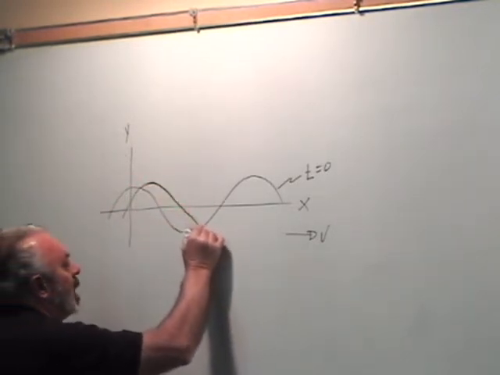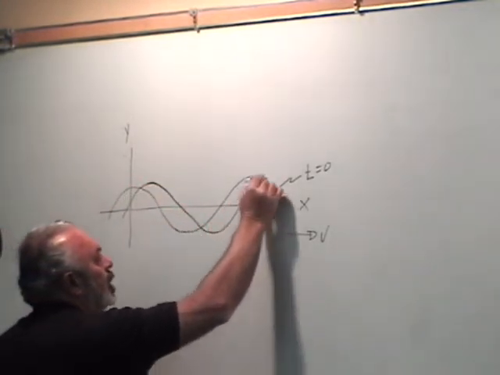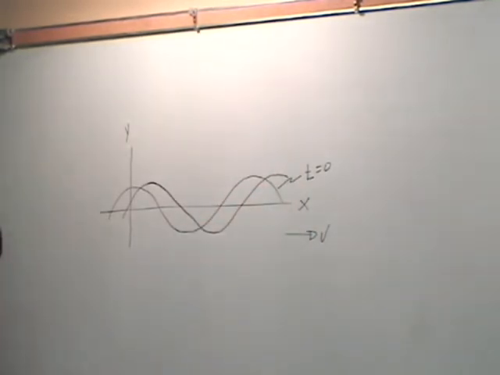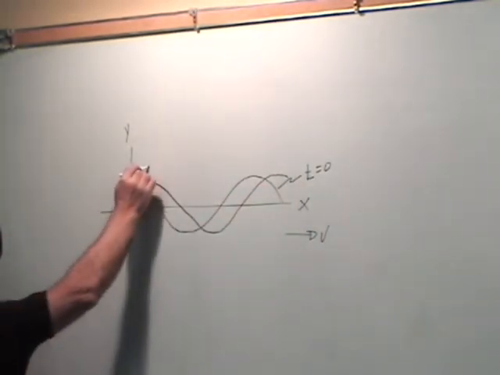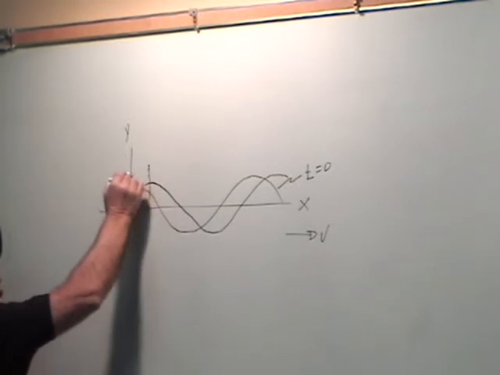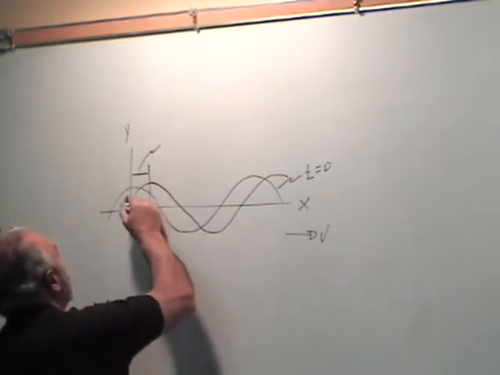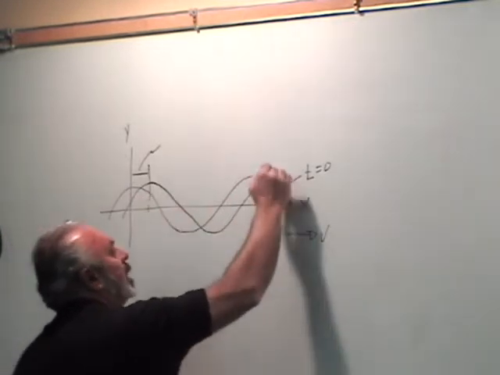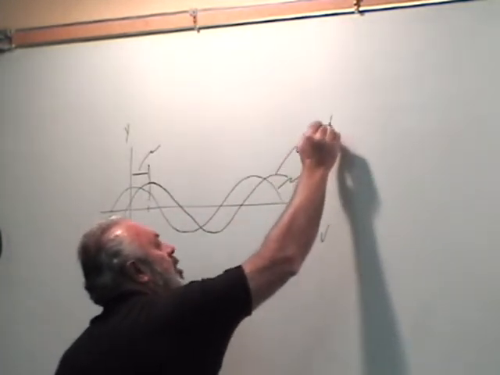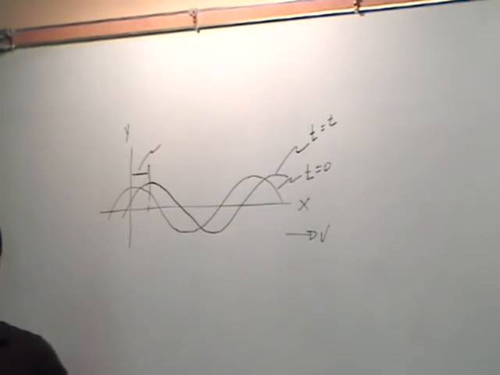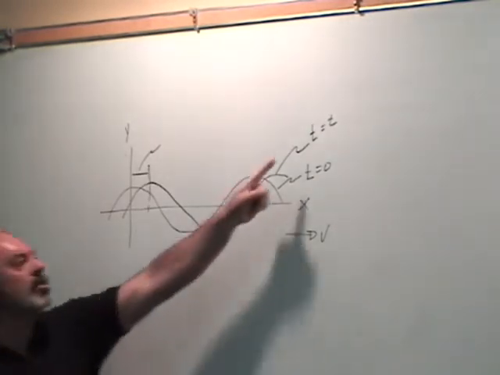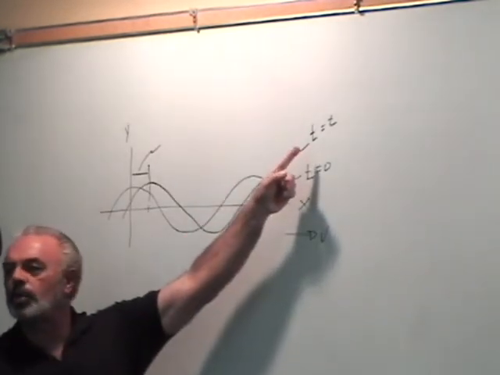The interesting thing about waves is that they don't change their shape, they only change their position. So notice now we have moved to a new position here, this space right in here. That's this one here like that. This one is t equals t. I use this notation to mean sometime in the future.